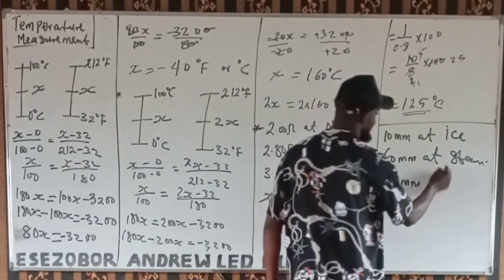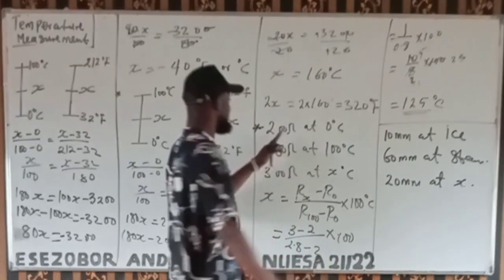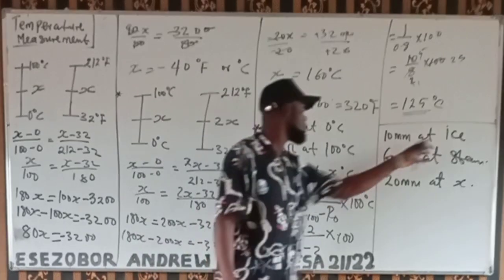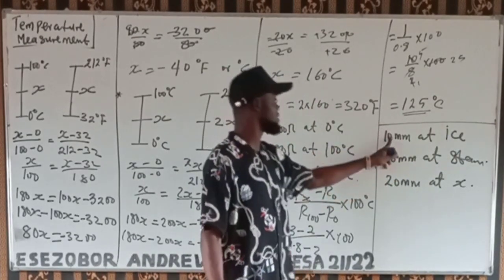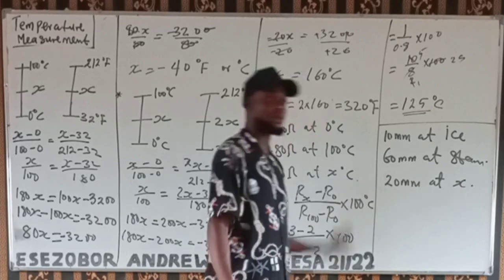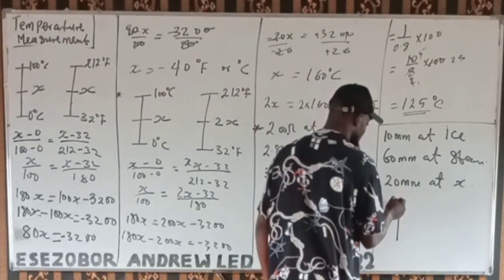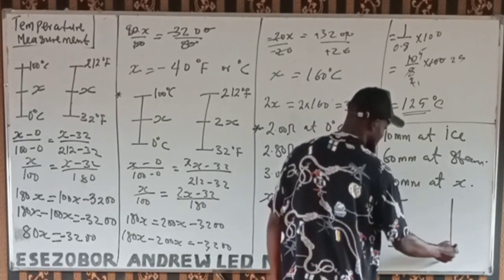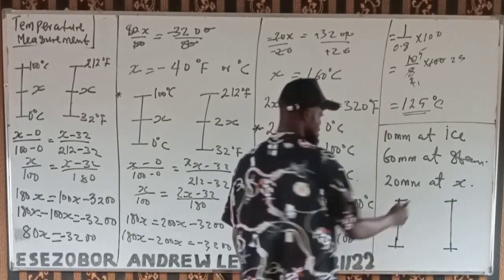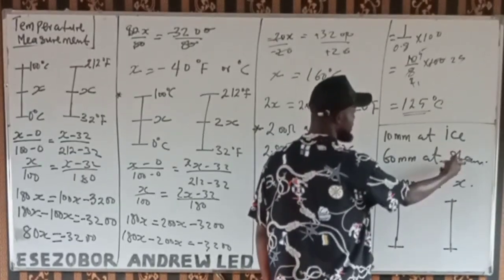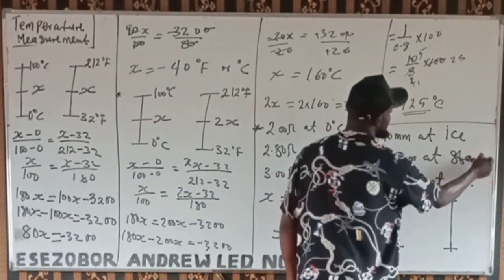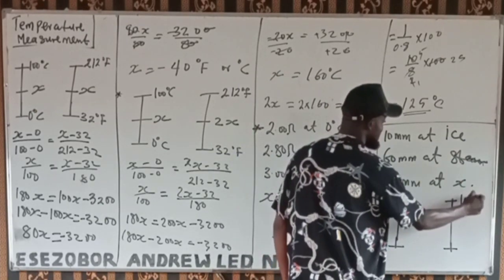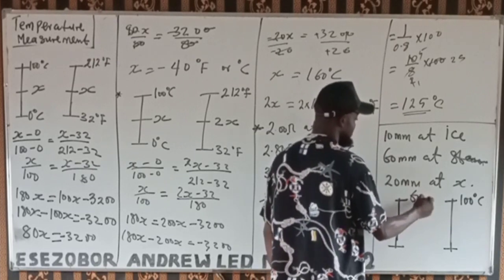So let's call it x at 20 millimeters. If you wish to use this formula for this, it also works. For the mercury-in-glass thermometer, the liquid-in-glass column, then we have the Celsius column. For the upper fixed point, at steam point, because steam also means the upper fixed point, it is 100 degrees Celsius, and we had 60 millimeters.